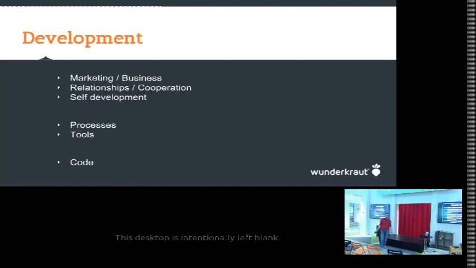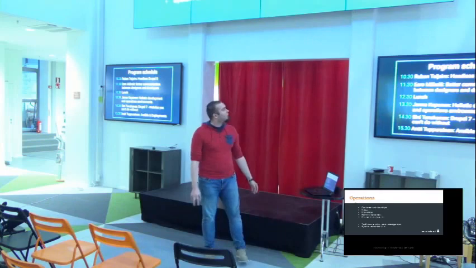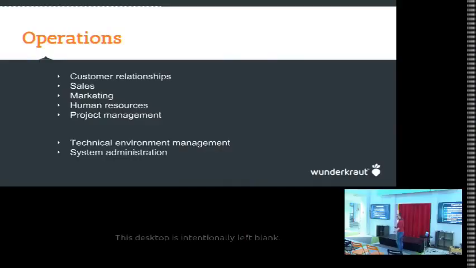So as a holistic approach, we try to include everything. Today I'm only going to concentrate on the technical part. Don't worry about all the business and marketing and that kind of stuff. But still, all those areas affect how we develop software, how it's sold, and what we are as a person. We can also develop ourselves, our knowledge, our skills, and the operations.